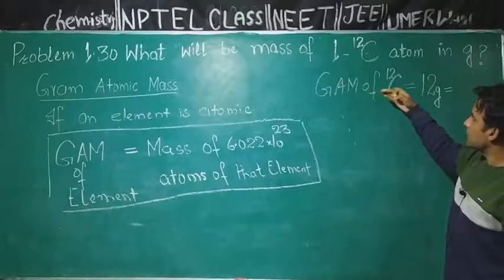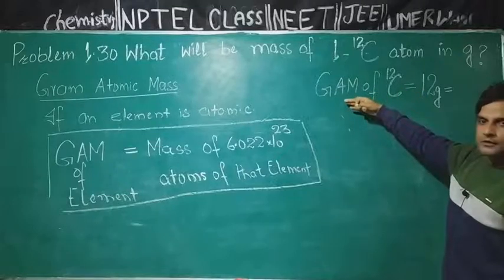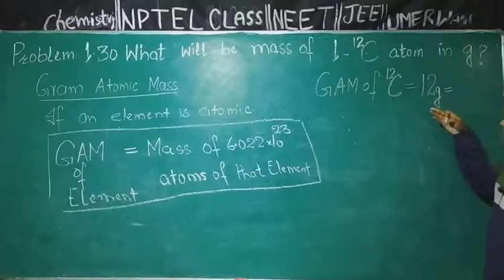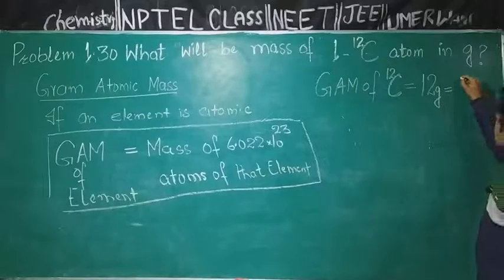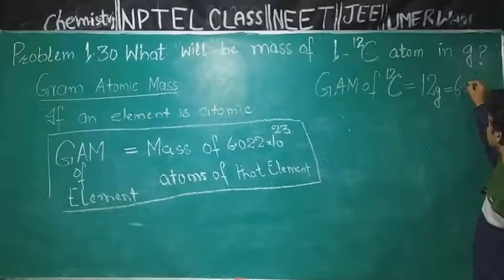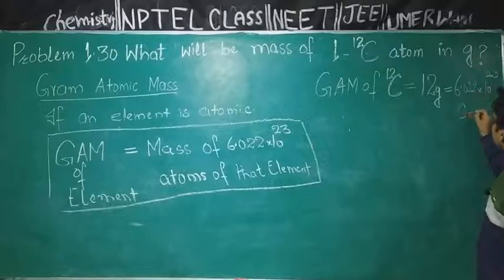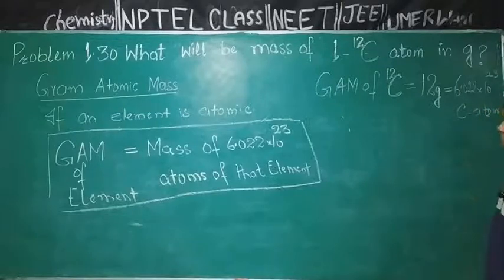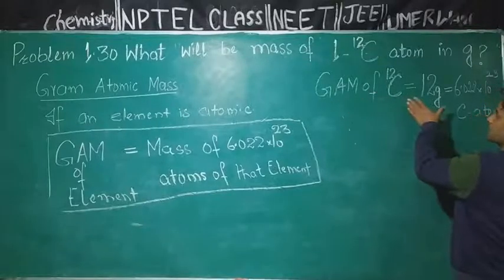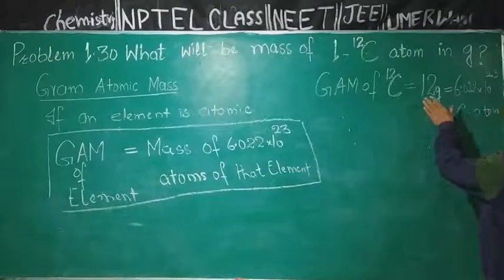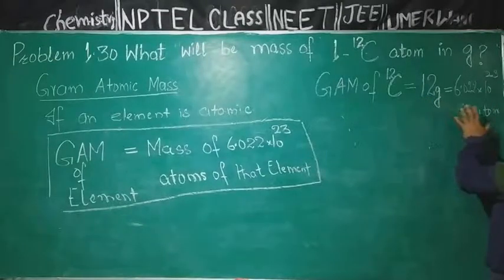Likewise, for carbon 12, I will say that the gram atomic mass will contain 6.022 into 10 raised to power 23 carbon atoms. The gram atomic mass of carbon is 12 grams, and 12 grams of carbon contain how many carbon atoms? 6.022 into 10 raised to power 23.